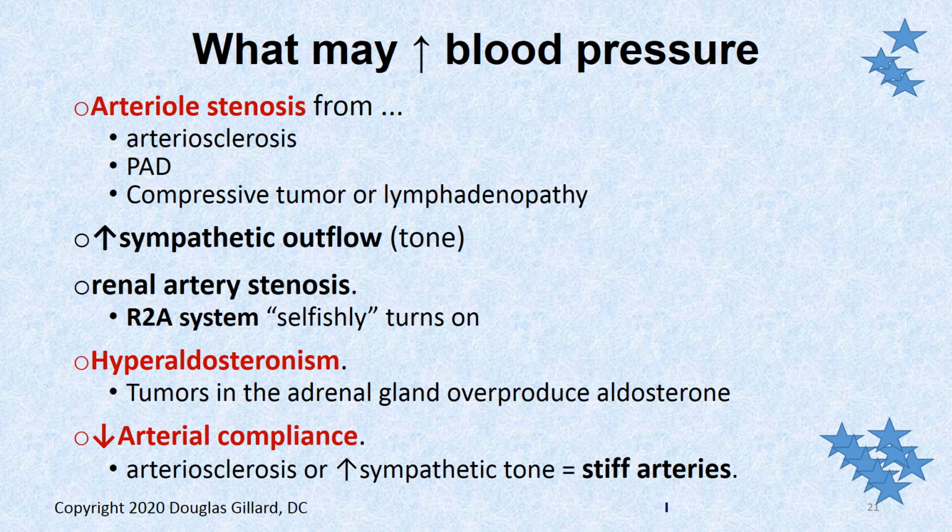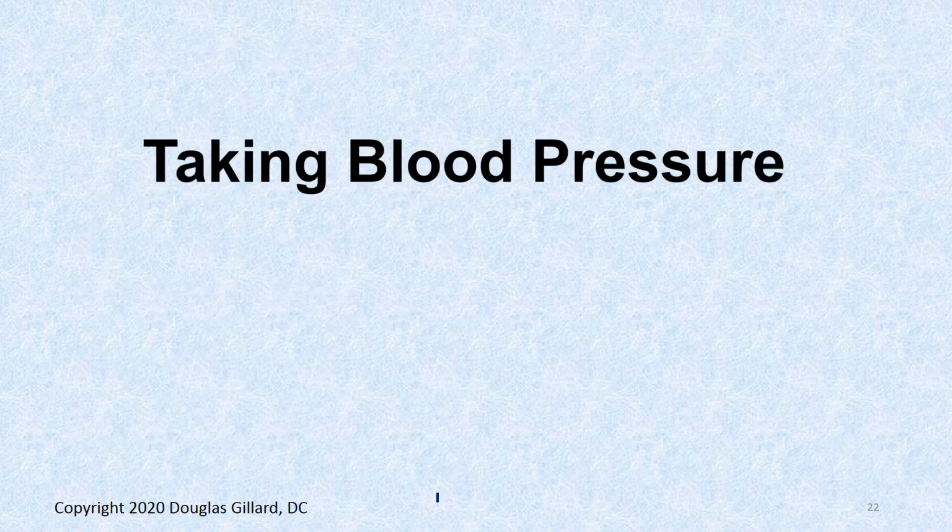That's stiffness, and that will increase pressure. When systole shoots a big glob of blood up the ascending aorta, the ascending aorta stretches and the aortic arch stretches to kind of absorb the pressure of that blood flying out of the heart. If you have really stiff arteries, it's not going to absorb that pressure, and therefore your pressure will be higher throughout the system.